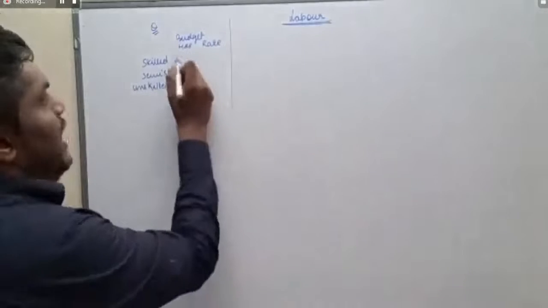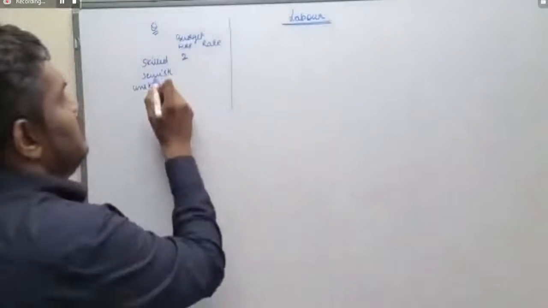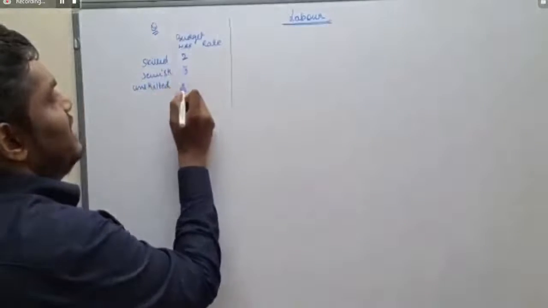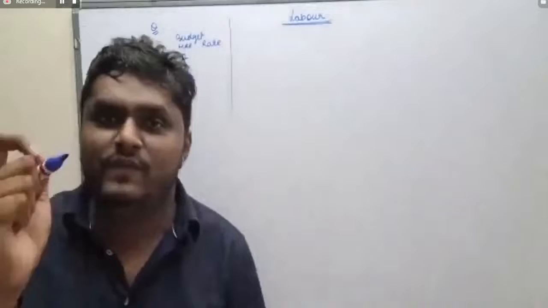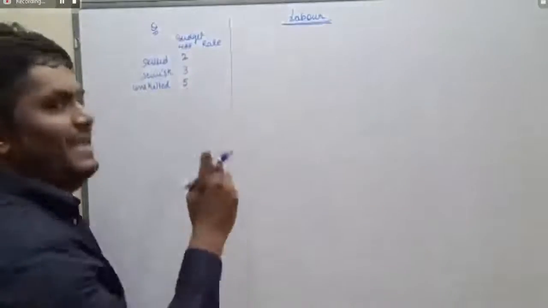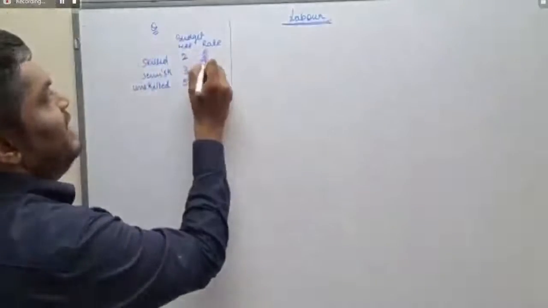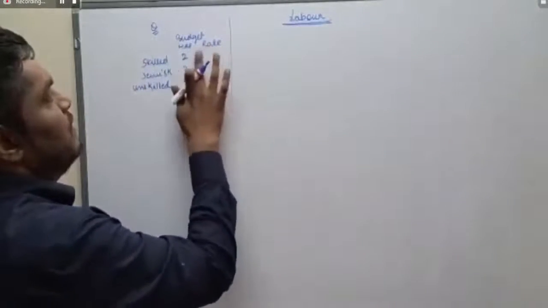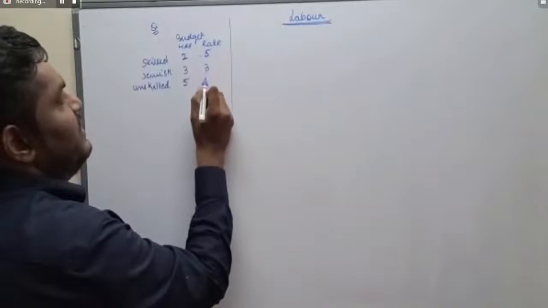So a total of 2 hours of skilled labor is required for manufacturing 1 unit. Similarly, for semi-skilled, 3 hours are required, and for unskilled, 5 hours are required to manufacture 1 unit of, let's say, product X. The rate to be paid to the labor is 5 for skilled, 3 for semi-skilled, and 2 for unskilled.